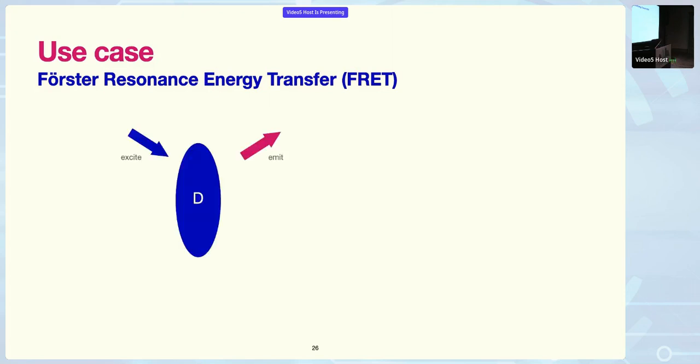So what usually happens is, if we get a molecule and we shine excitation light on it, it starts emitting a different color, at a different wavelength of light.